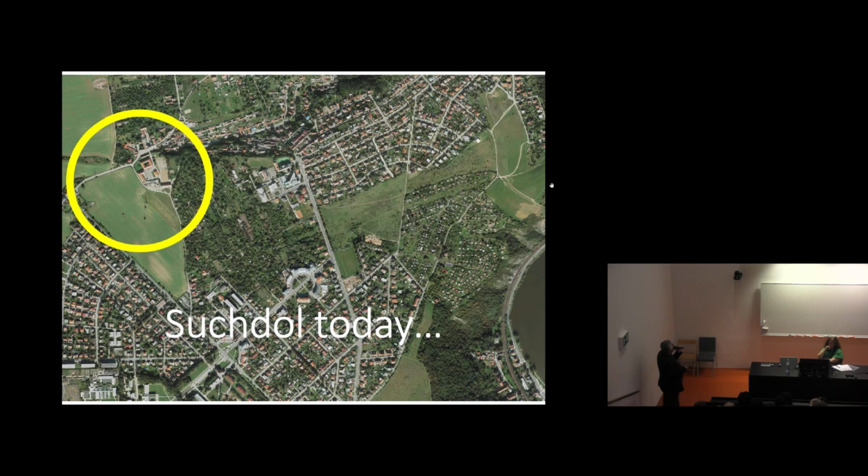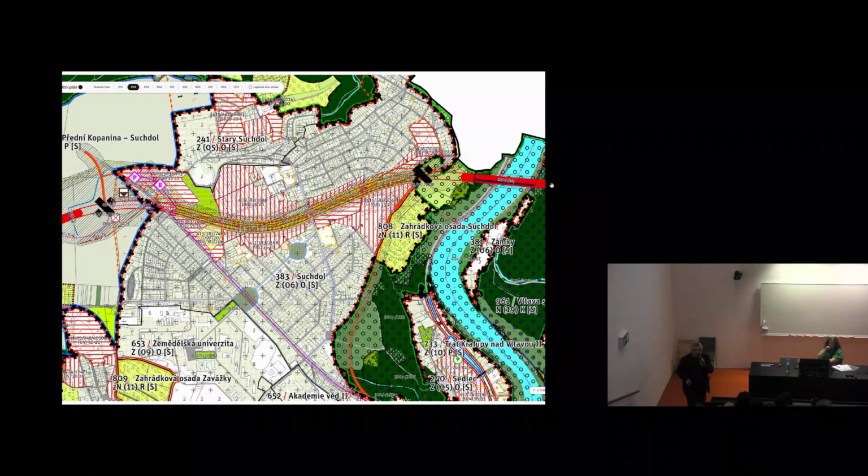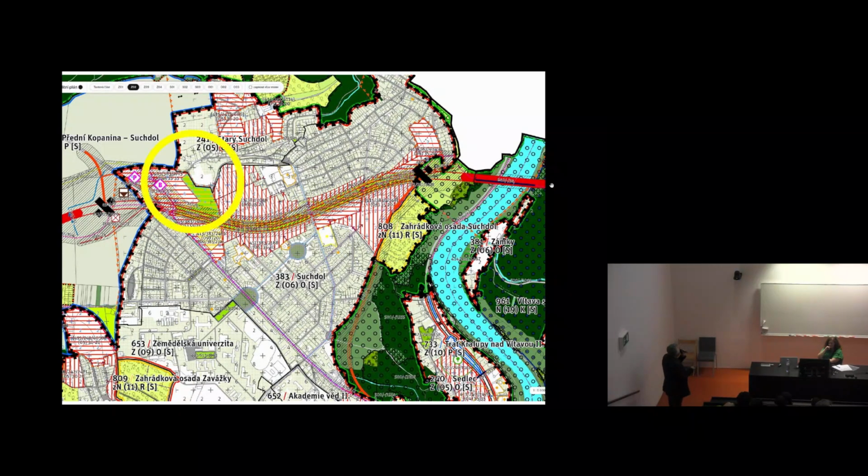So what we want to do is to find ideas. And this is the city master plan, where you can find our place here. And there is one part of the Prague Ring highway, which we saw two presentations ago.